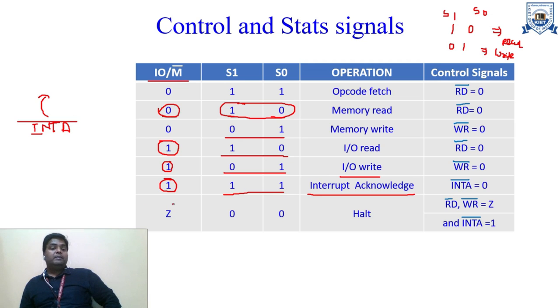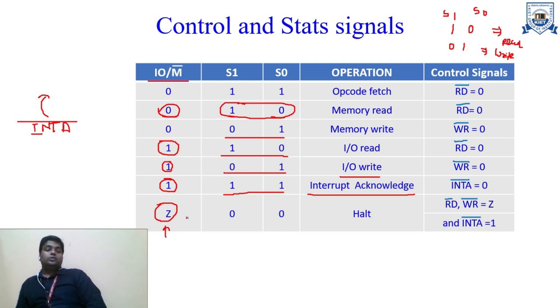When IO/M complement value is equal to Z, Z means the buses are in tri-state, or we can say the microprocessor is in a high impedance state. Or we can say that when we reset the microprocessor, it comes into the tri-state condition.